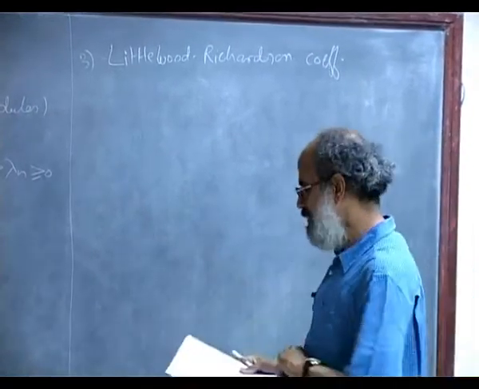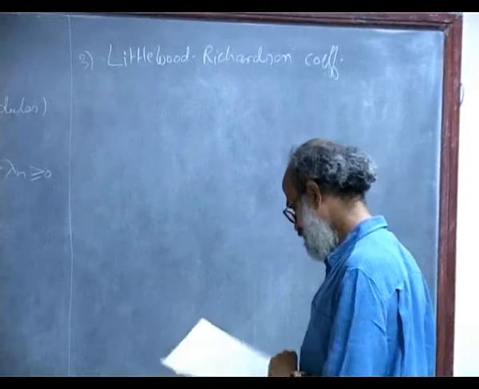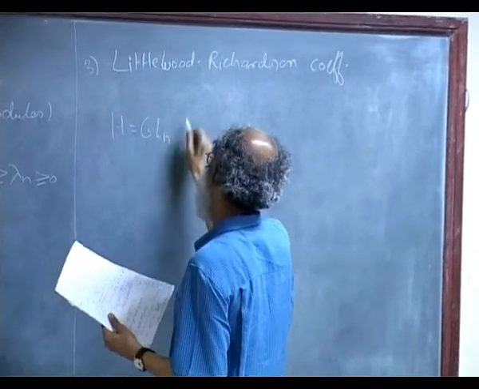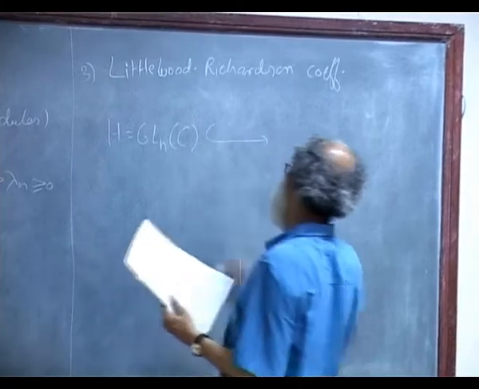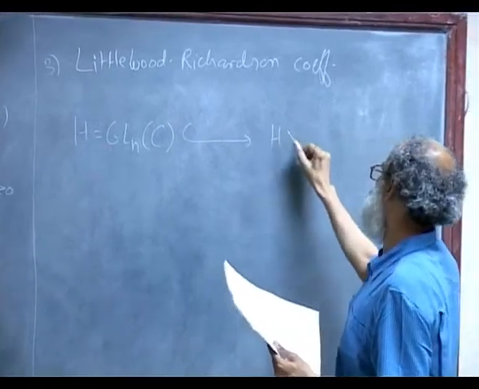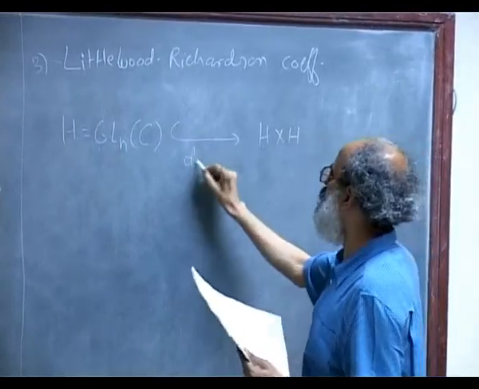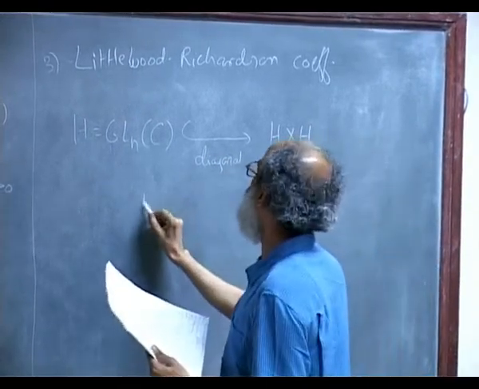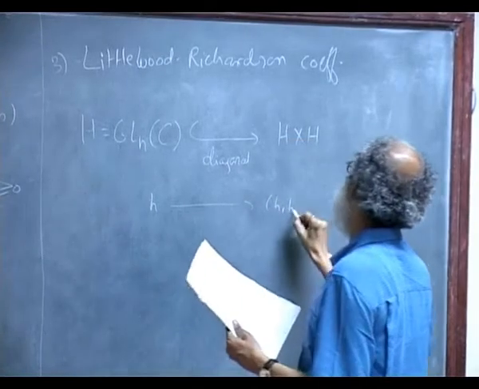Here H is GL_n C embedded inside H cross H by the diagonal map.